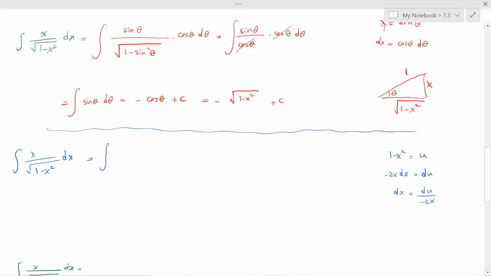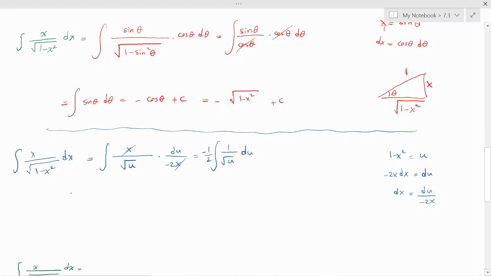So this integral could be written as the integral of x divided by square root of u multiplied by du divided by negative 2x. These can cancel out. So what we end up with is the integral of 1 over square root of u, and multiply by negative 1/2, so I can write the negative 1/2 outside, du.